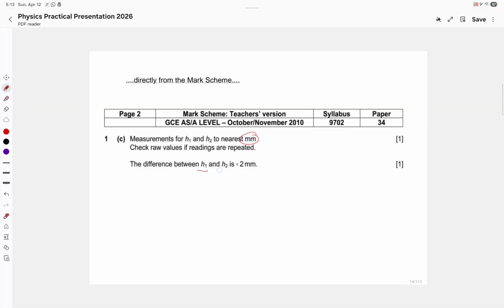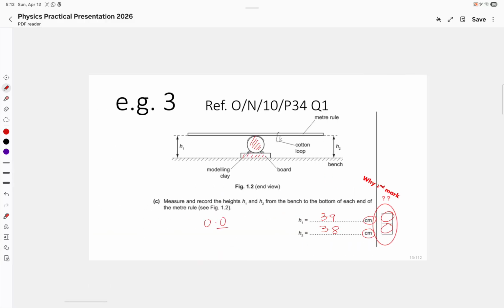And then a difference between h1 and h2 is expected, because this diagram, which is figure 1.2, is a schematic diagram printed in your examination booklet. But in actual, you have a real scale in your hand, a real board, a real bench, and when you try to balance it, you might have a little bit of trouble, like this ruler is a sort of bent, or maybe torn, because it is not necessary that you will be given a brand new ruler.